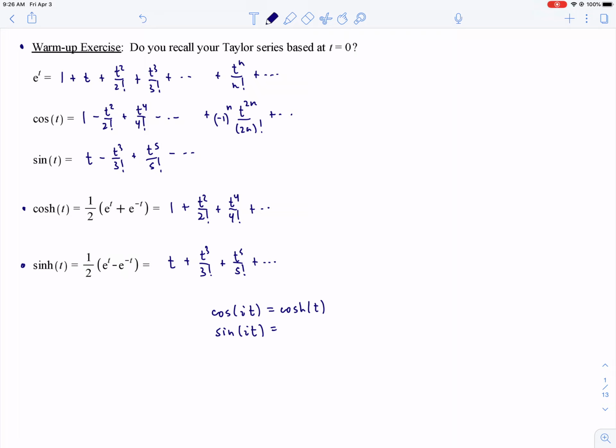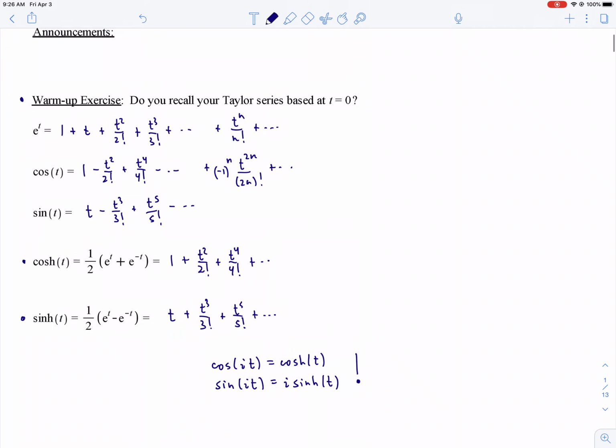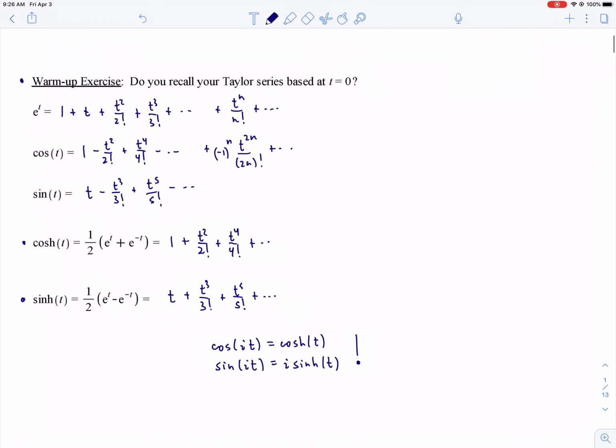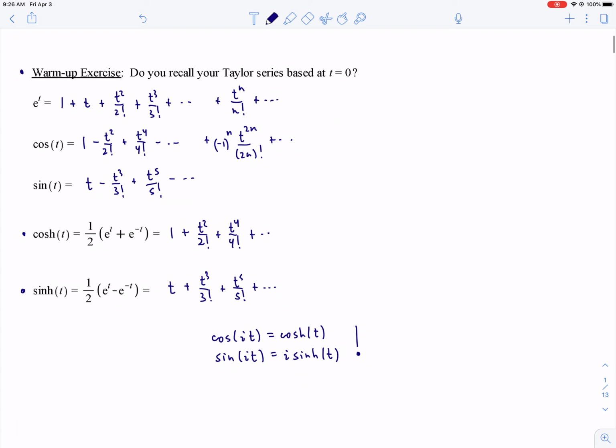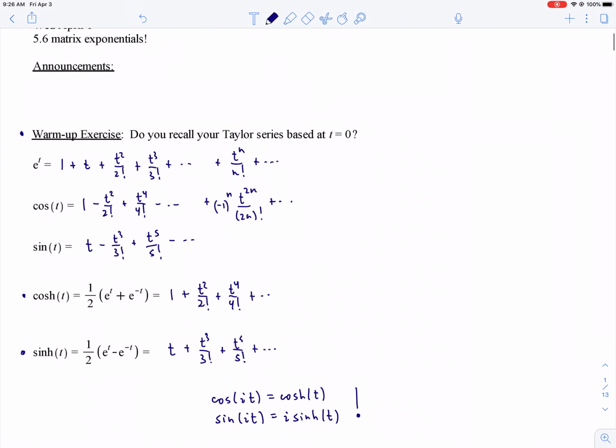This will be i times the sinh of t. All right, so there's lots of reasons why cosine and cosh and sine and sinh have similar properties. It's because they're actually essentially the same functions.